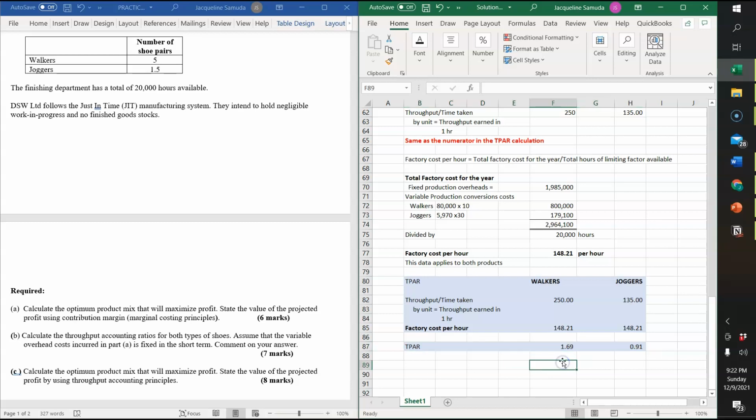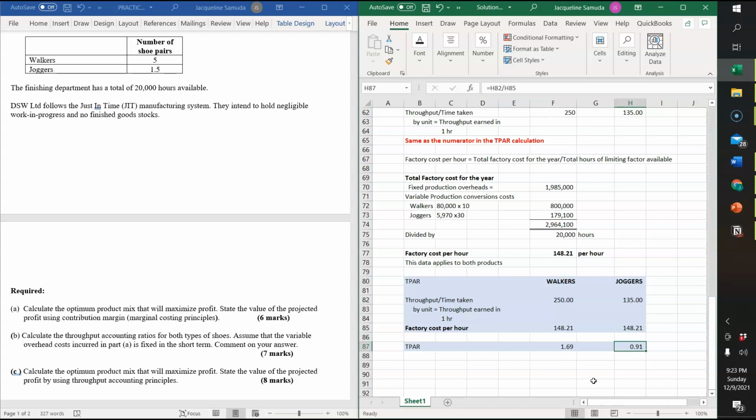But more importantly, it's a TPAR greater than 1. So it means that if the company focuses only on walkers, they will make a profit. However, if they focus on joggers, they will lose money because their TPAR is less than 1.